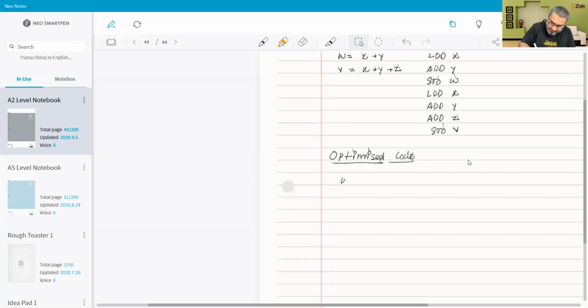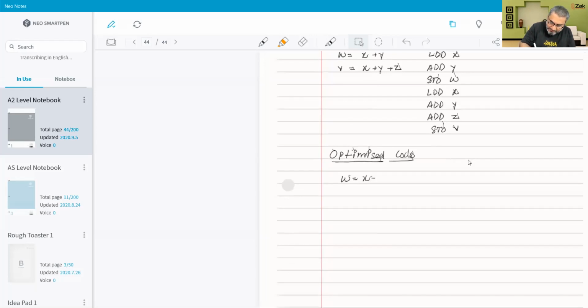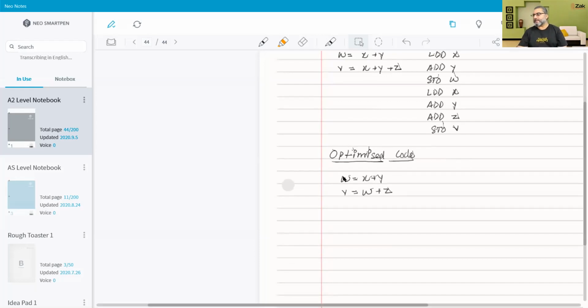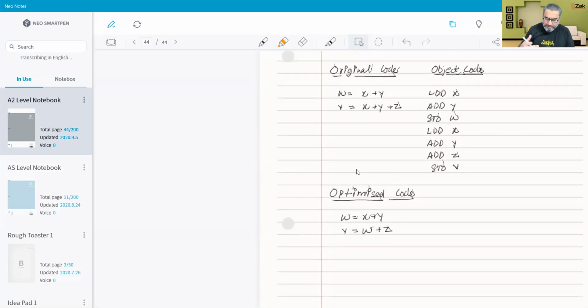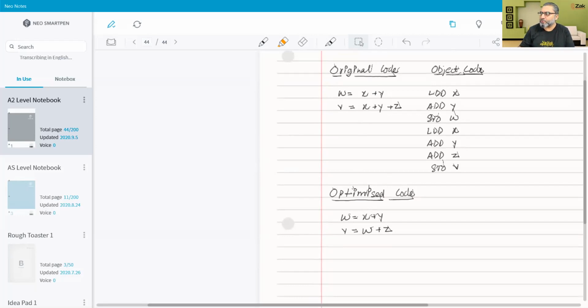We will write W is equal to X plus Y, and then V is equal to W plus Z. This will produce exactly the same result as the earlier code, but we don't realize it when we actually write the program. So let's suppose this was converted to object code and then optimized. Optimization will remove this load X, add Y.